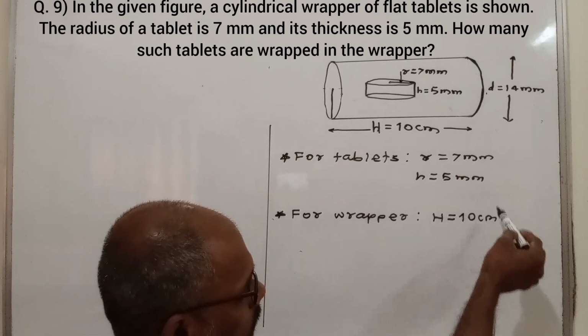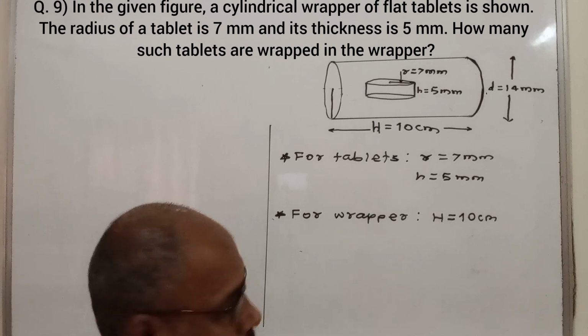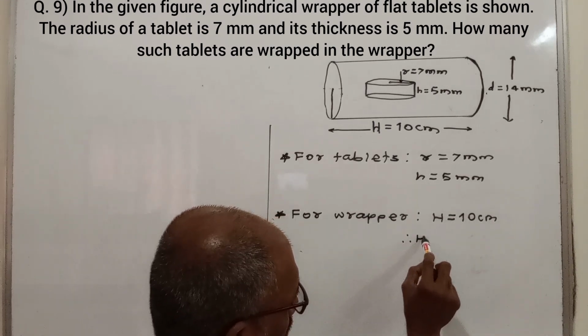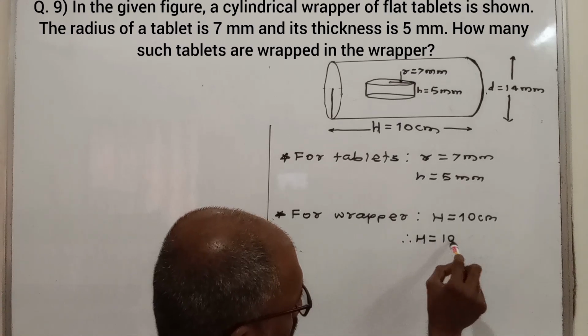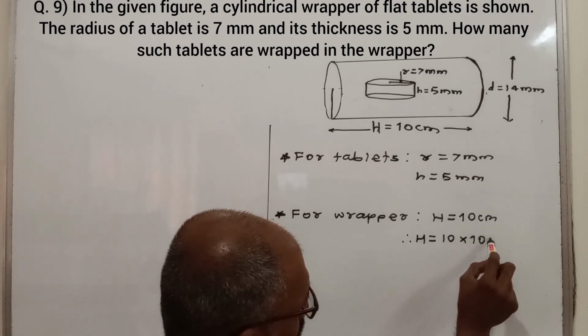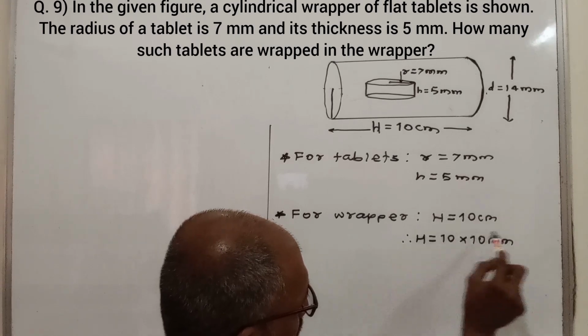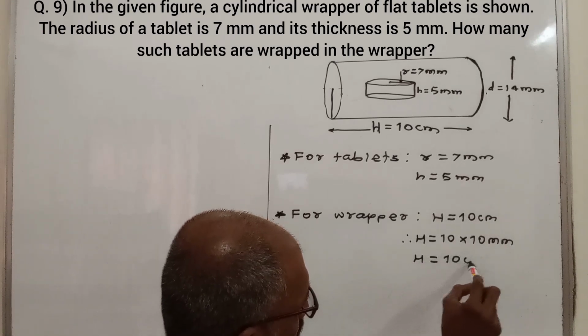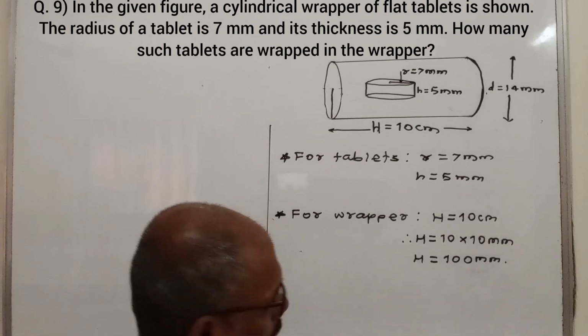We convert this centimeter into millimeter. Therefore, H is equal to 10 into 10 mm, which is 100 mm.